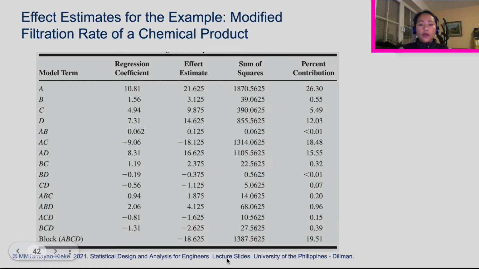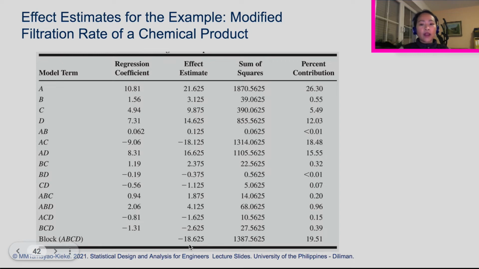Now, to make the point on the use of blocking, let's focus on this number here, negative 18.625. This value is actually equal to the effect estimate for the interaction ABCD plus the effect of the block. So this negative 18.625 is the sum of the original ABCD effect estimate, which is 1.375, if you recall the previous example, plus the block effect.